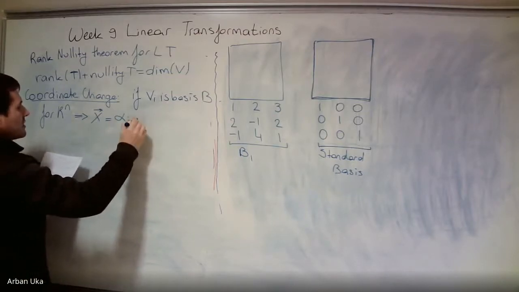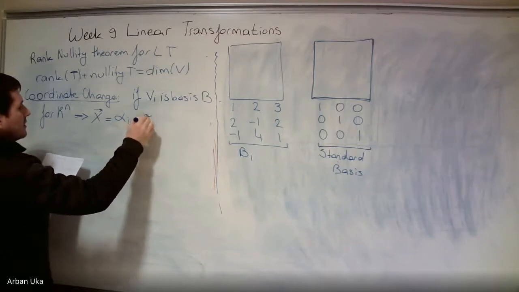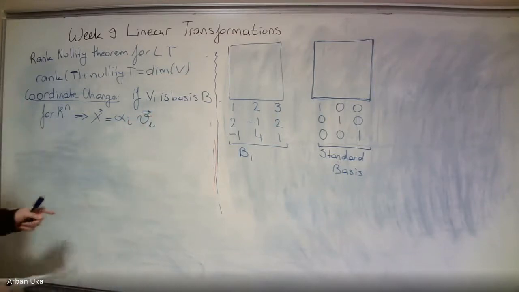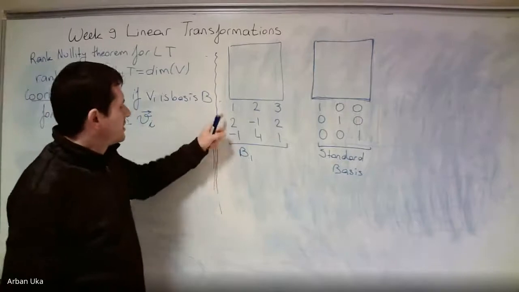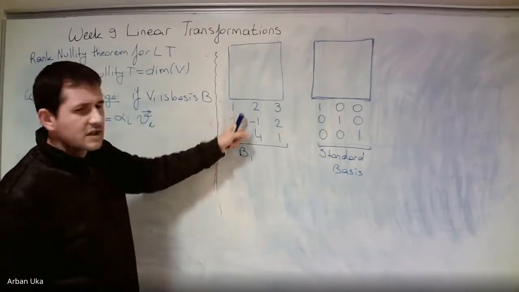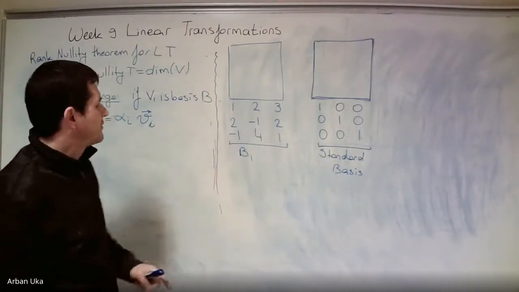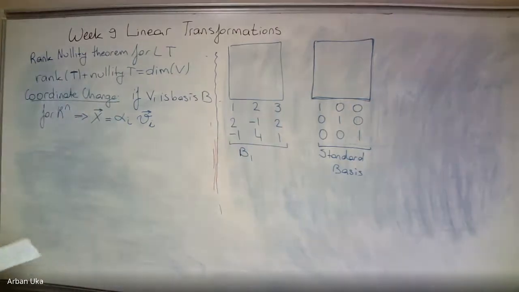Let me denote it like this. So again, what will be the basis here? The first column is V1, the second column is V2, the third column is V3. Okay, so this is what we need here.